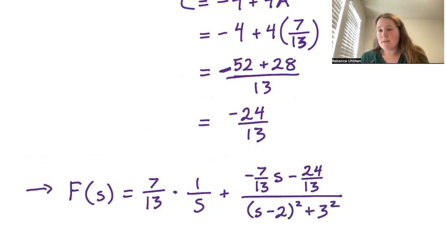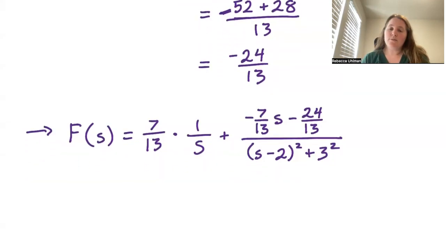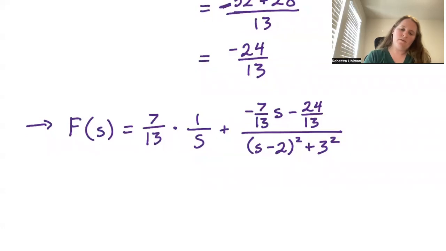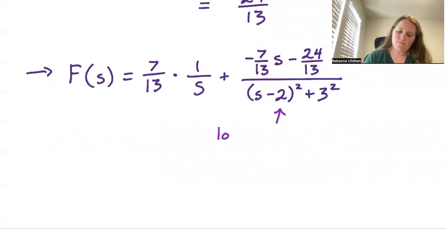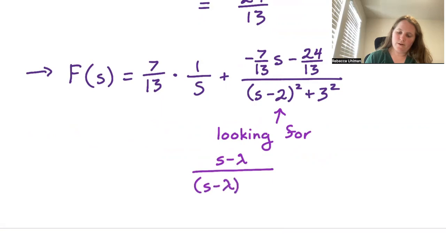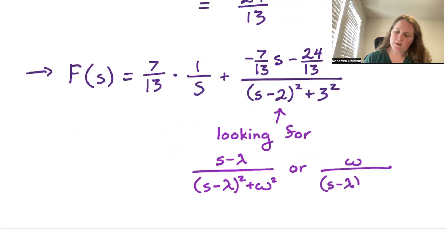Now that 1 over s is a form we're familiar with. The something over s minus 2 squared plus 3 squared, for this, we're looking for either s minus lambda over s minus lambda squared plus omega squared, or for omega over s minus lambda squared plus omega squared.